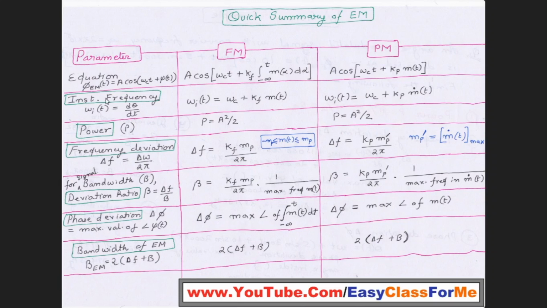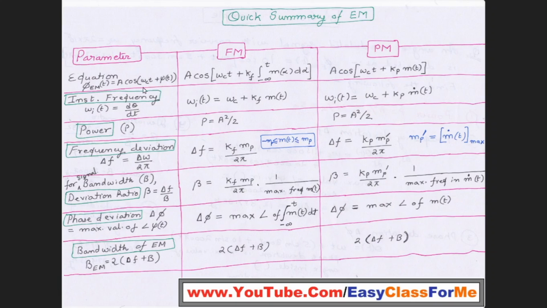Now then we introduced the concept of instantaneous frequency, right? Instantaneous frequency is defined as the first time derivative of the complete angle theta, and this theta is whatever is written inside this cos.